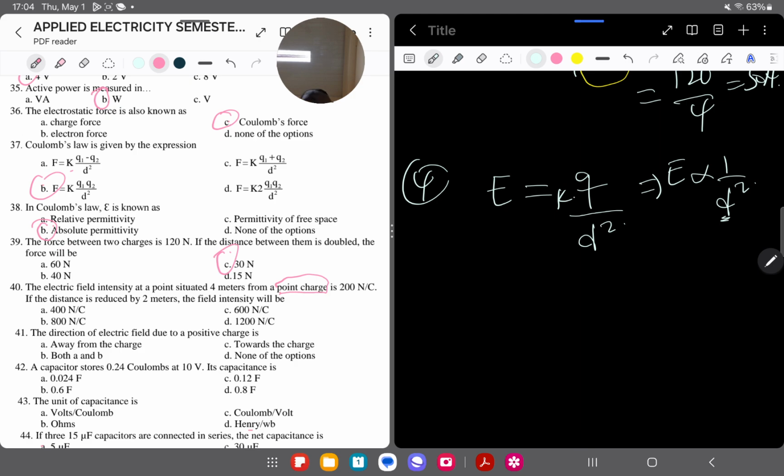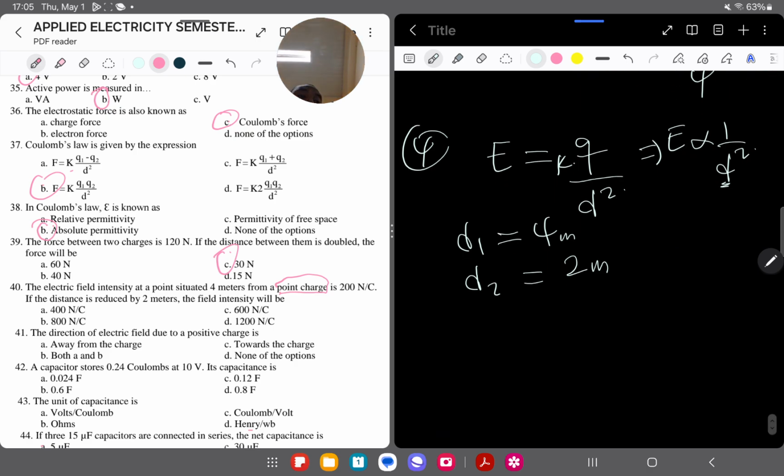The first distance here is 4 meters, and then the second one is now reduced to 2 meters. So we can see that this one is being doubled, twice.